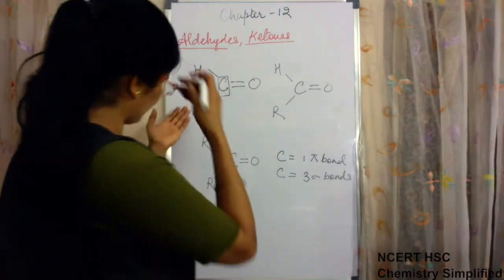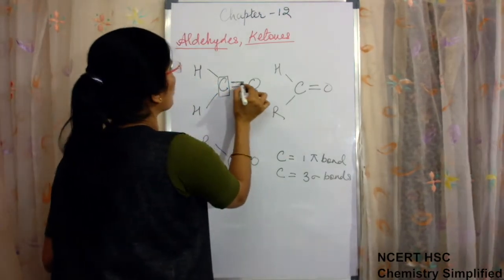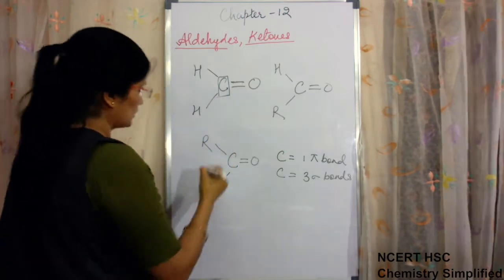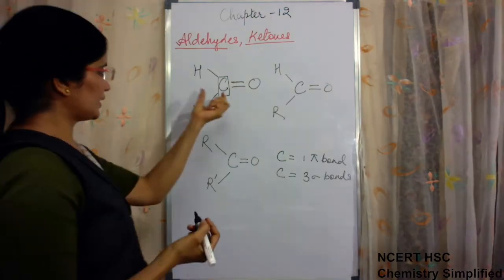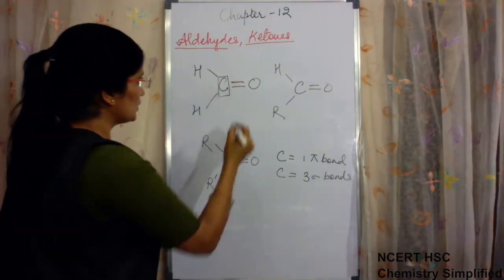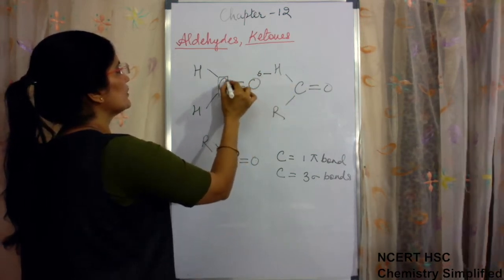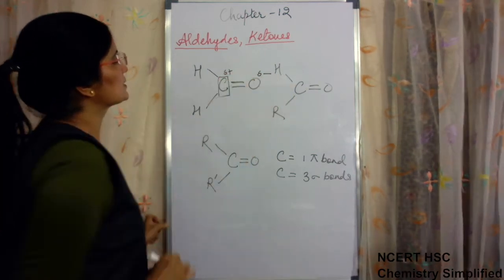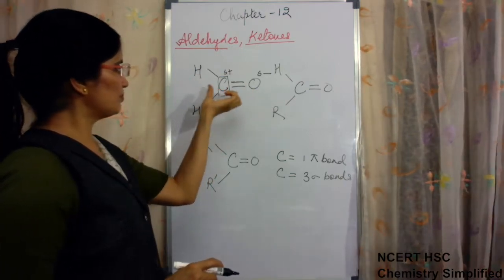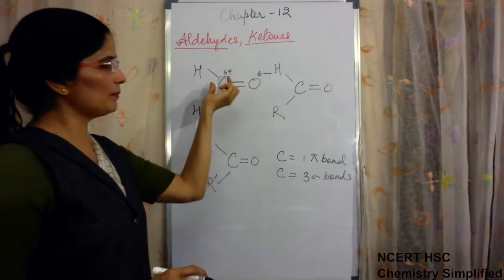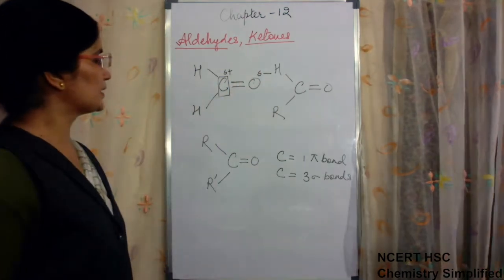Now, when this is a double bond, this pi bond, when it takes part in a reaction, will separate such that the oxygen acquires a negative charge and the carbon acquires a positive charge. In this manner it will open up, separating into negative and positive charges on the oxygen and carbon atoms.